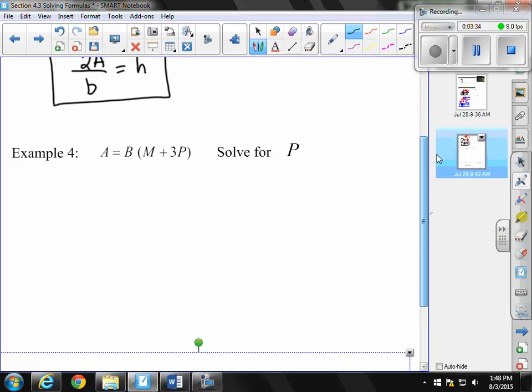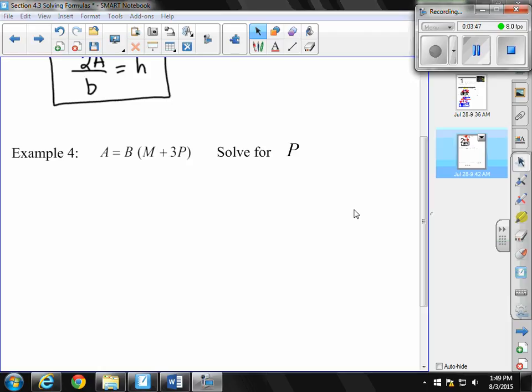Example number 4 says we have A equals B times M plus 3P.